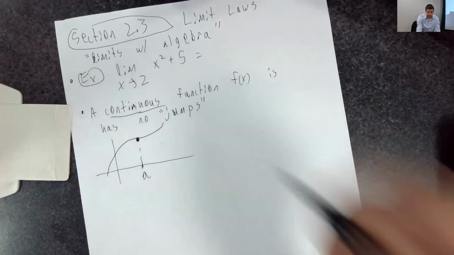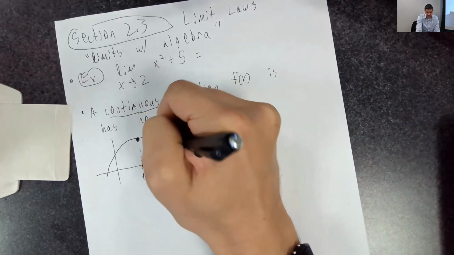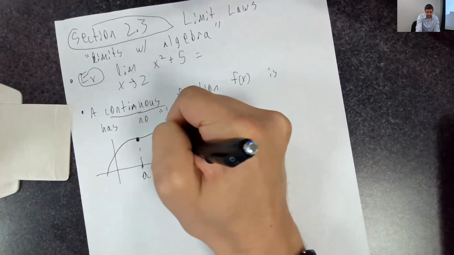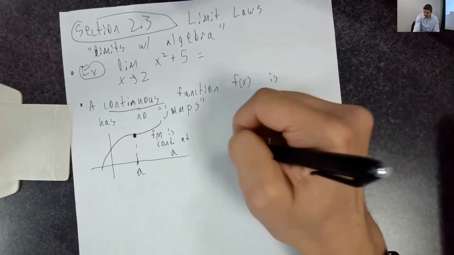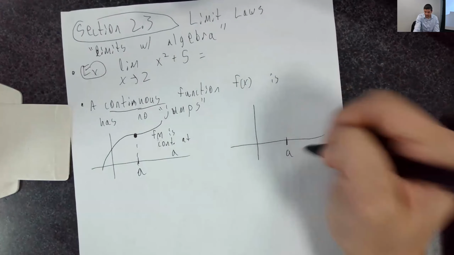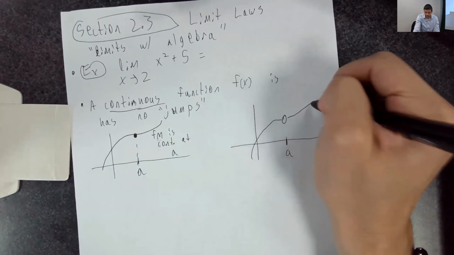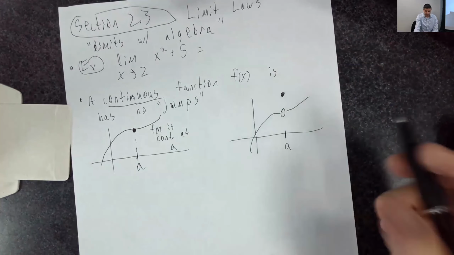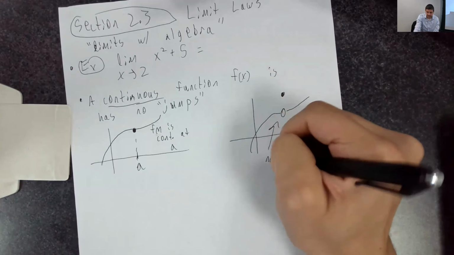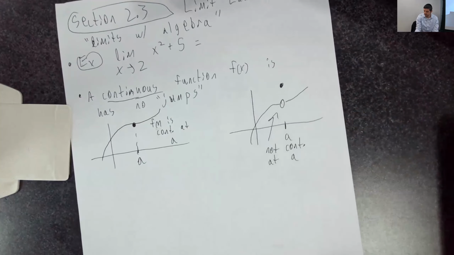There's no jump. So we say f of x is continuous at a. It's not jumping. But what's not a continuous function is when you look at a, you might have something like this where it jumps at a. Or maybe it's undefined. So this is not continuous at a.